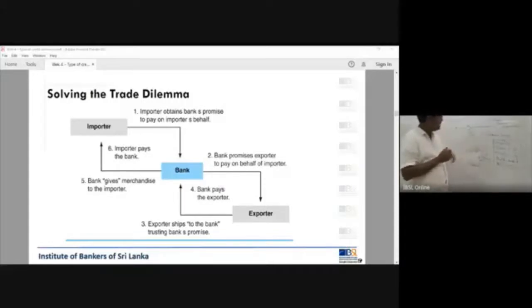So once he ships the goods, goods will come here, customs. Documents will flow on this part.